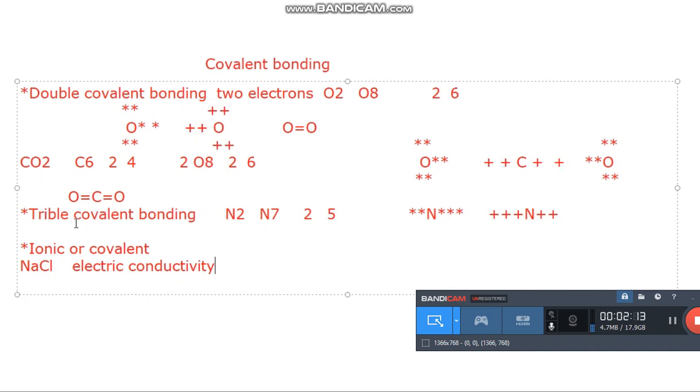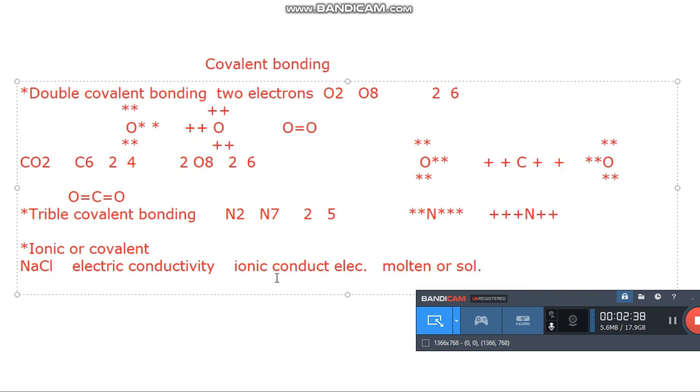We can say that ionic compounds conduct electricity when molten or in solution.